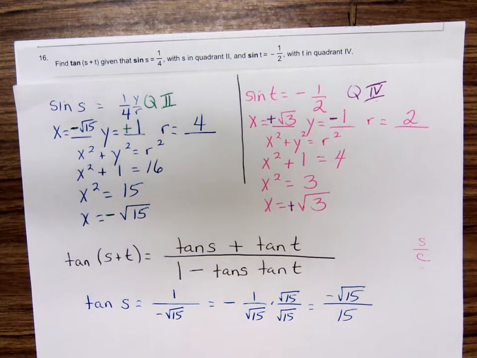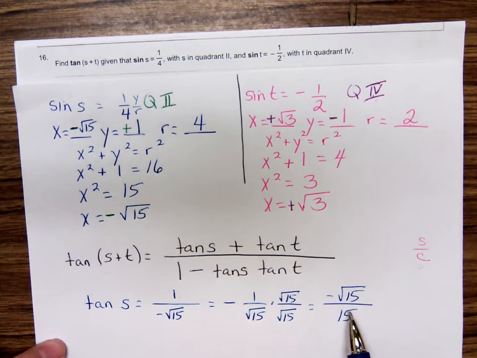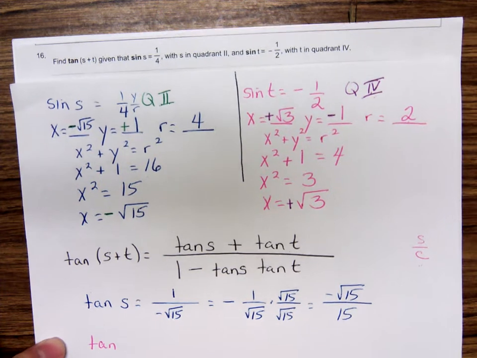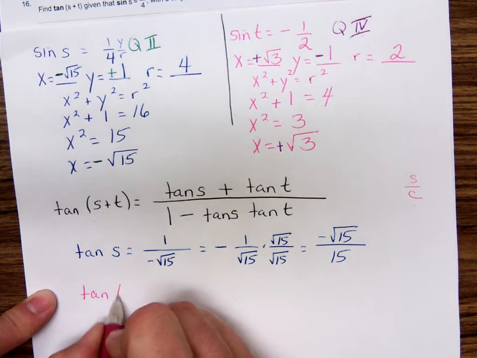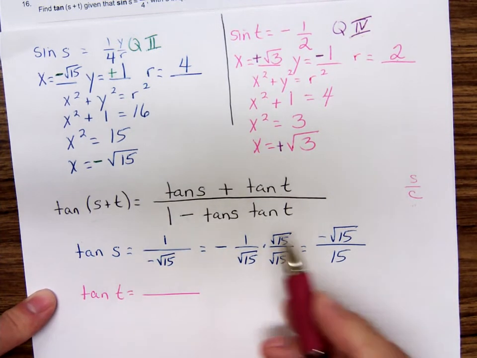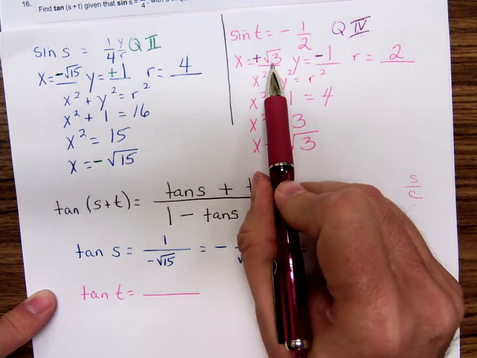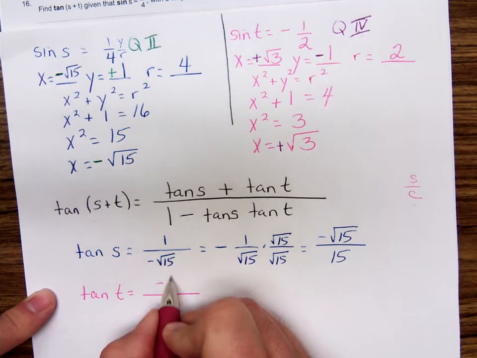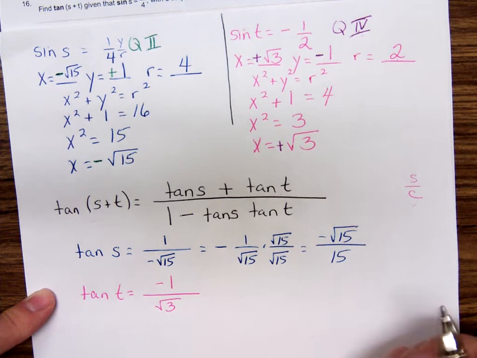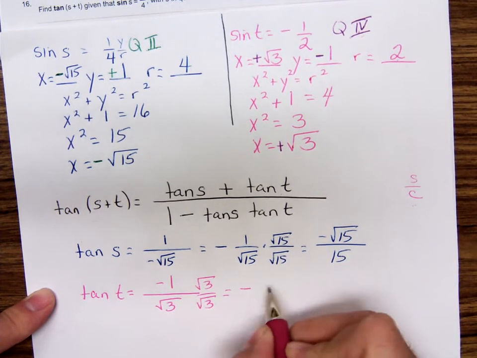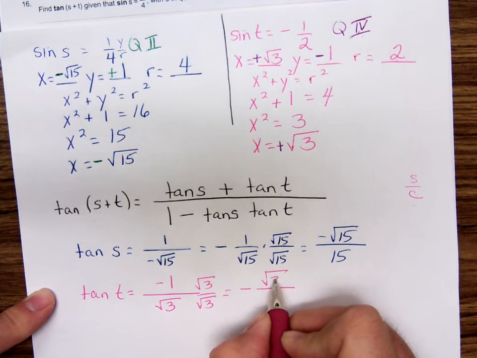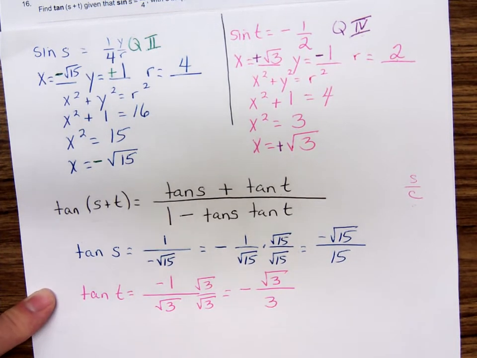So there's tangent S. Now, what about tangent T? Ooh, I need to lift this up, don't I? Okay, so tangent T, tangent is y over x, so negative 1 over the square root of 3. I'll rationalize. These are the easy rationalizing, aren't they? Negative square root of 3 over 3.